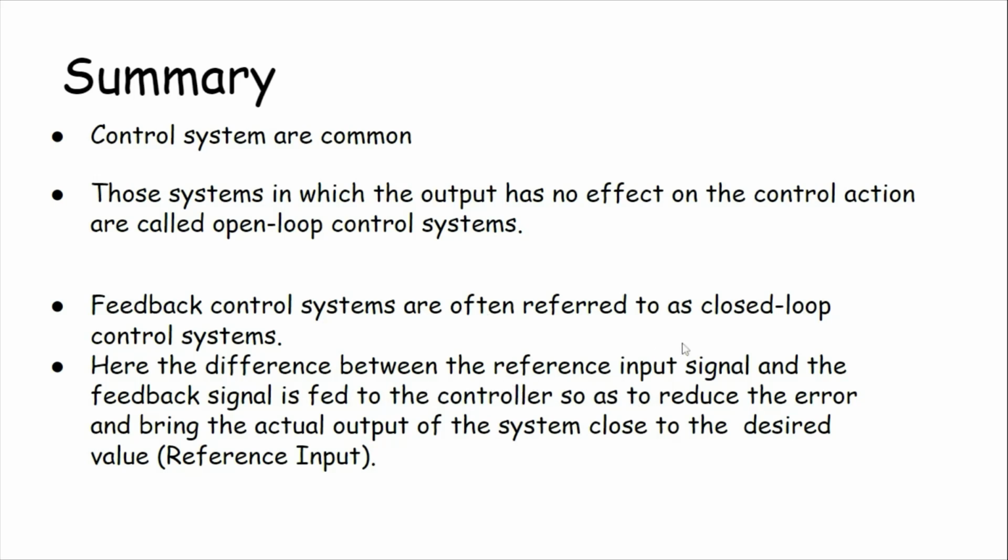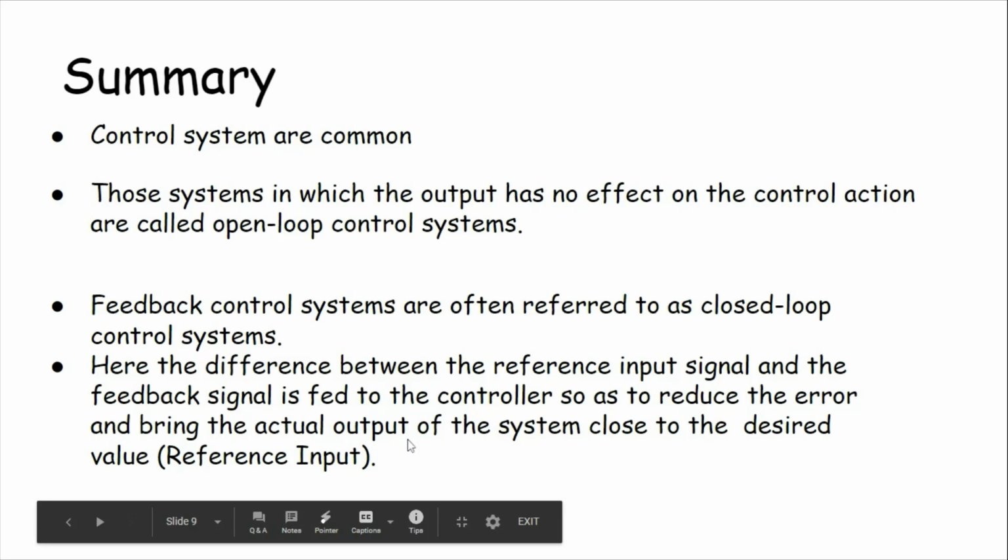The closed loop control systems are systems where the reference input and the feedback signal are fed to the controller so as to reduce the error and bring the actual output close to the desired output.